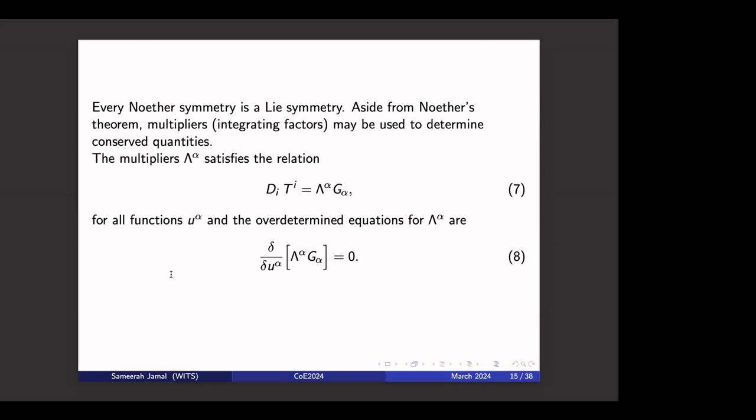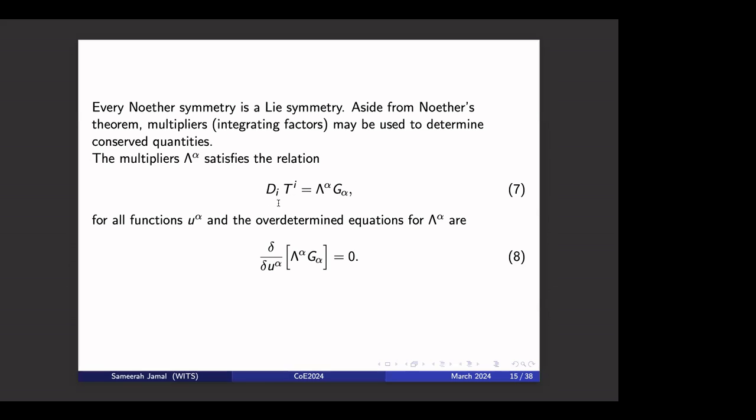Now, for non-variational problems, Noether's theorem would not apply, and you'd have to use something called multipliers or integrating factors to determine your conserved quantities. So the multipliers as well, although these lead to very tedious computations, this too can be handled by computational software, some of the calculations that is, where the multipliers are lambda, capital lambda, as these satisfy equation 7.